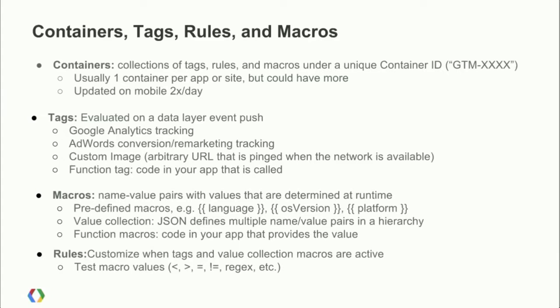Unlike on the web, tags in applications can't be executed synchronously. That is, we can't actually do the HTTP GET necessarily immediately. And the reason for that is your application may be running without any network connectivity. So in all three of these first cases where we're dealing with URLs, the URL doesn't actually get retrieved until we actually have network access.